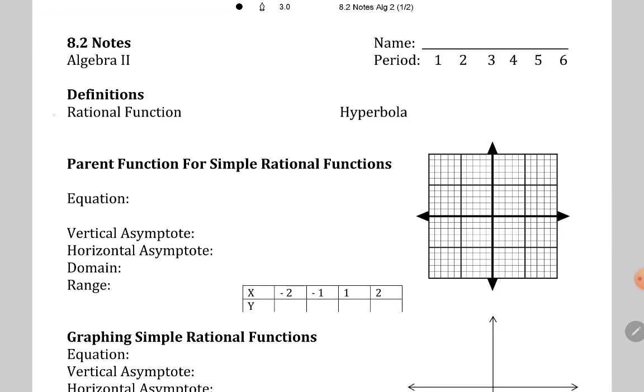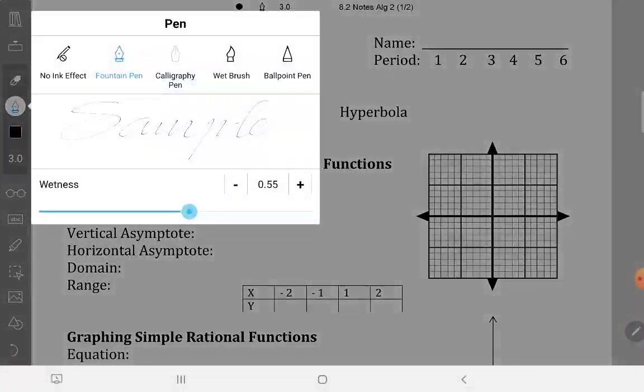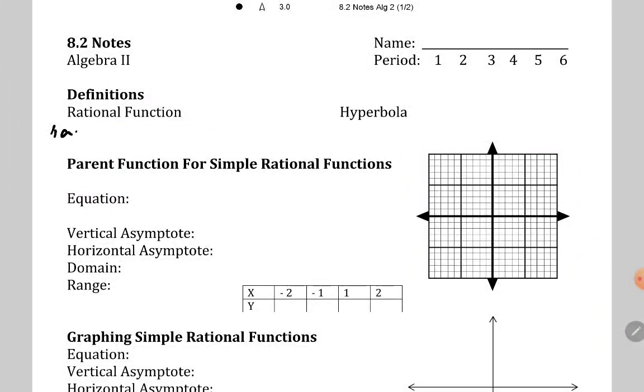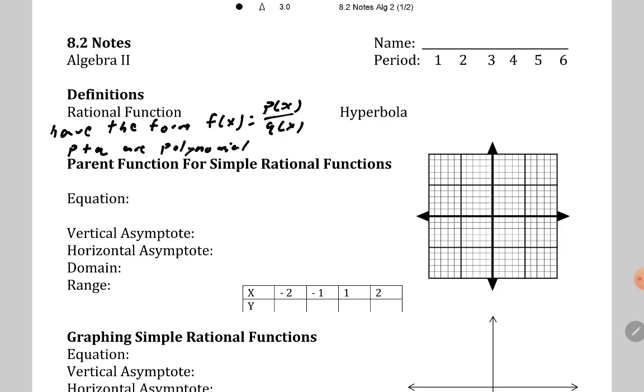Rational functions have the form f of x equals p of x over q of x, where p and q are polynomials, and q cannot equal 0, of course.